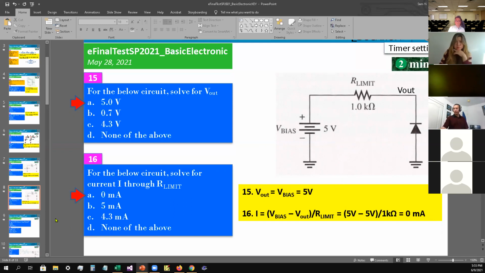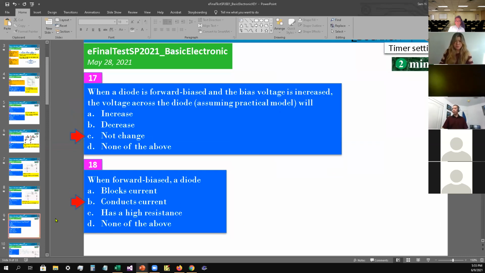All right, next one. When the diode is forward biased and the bias voltage is increased, the voltage across the diode, assuming the practical model, will... Once the diode is turned on, it will not change that voltage.